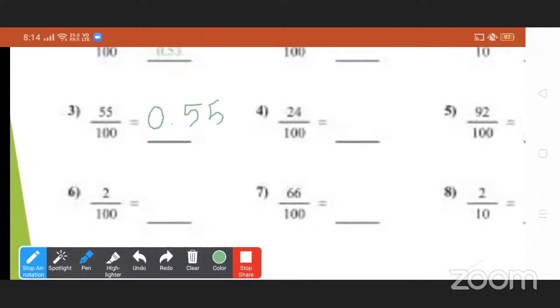Now see the sixth one. What is it? 2 upon 100. So what is the decimal form of it? 0.2. No, wrong. 0.02.